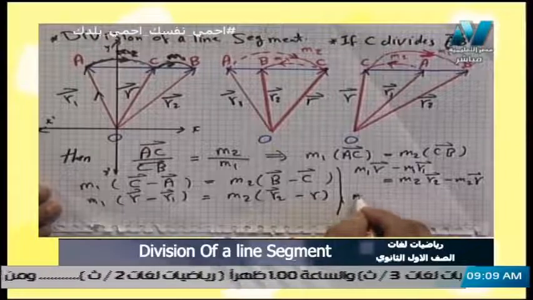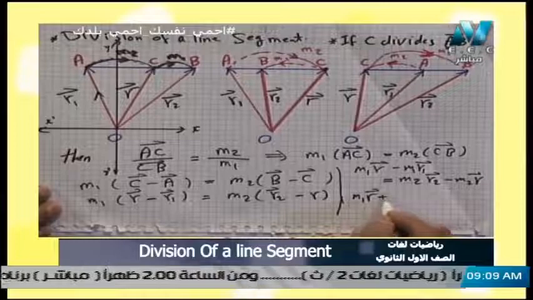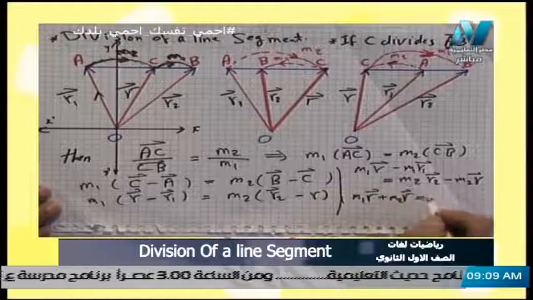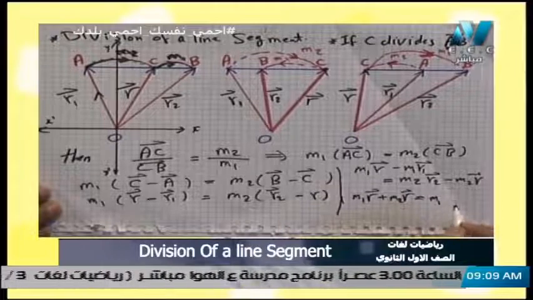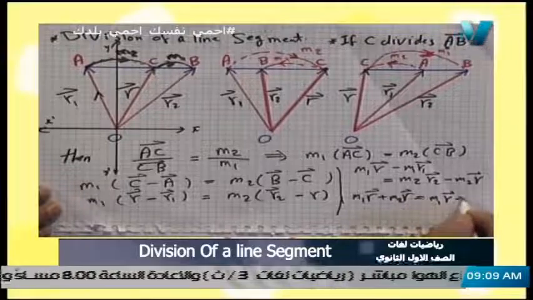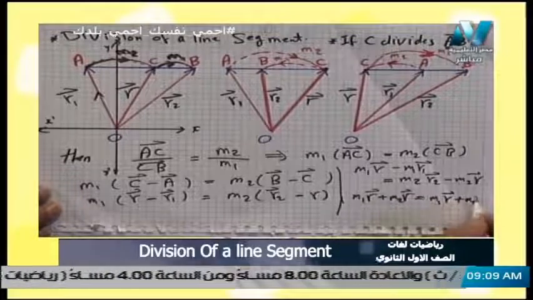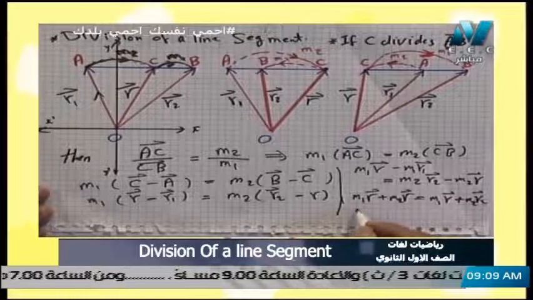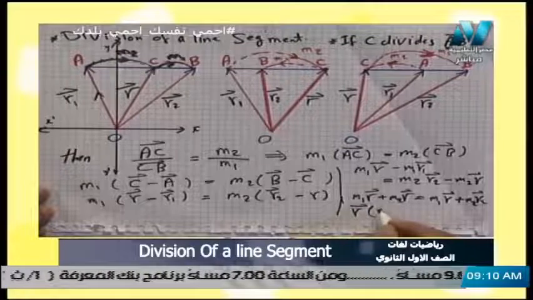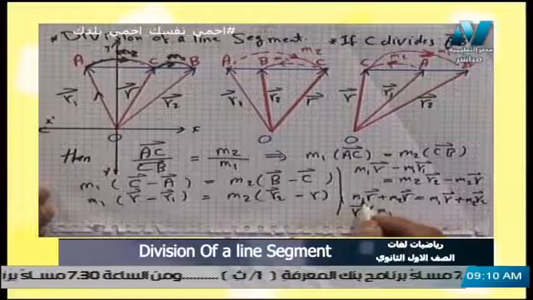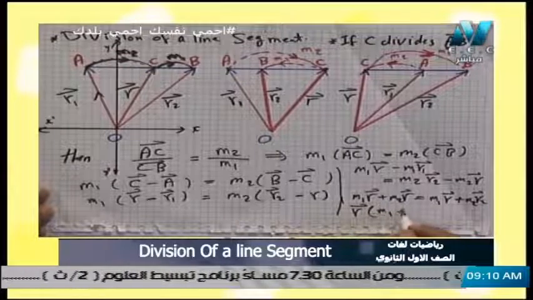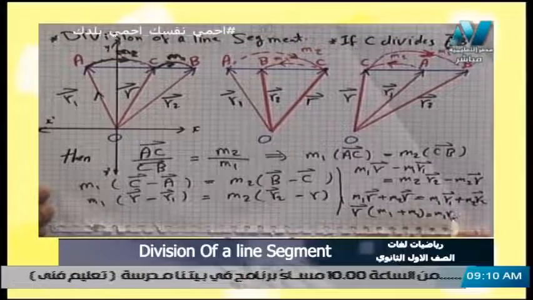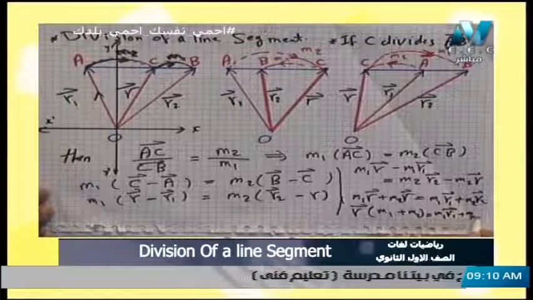So M1 R plus M2 R equals M1 R1 plus M2 R2. By taking R as the common factor, we have M1 plus M2 multiplied by R equals M1 R1 plus M2 R2.